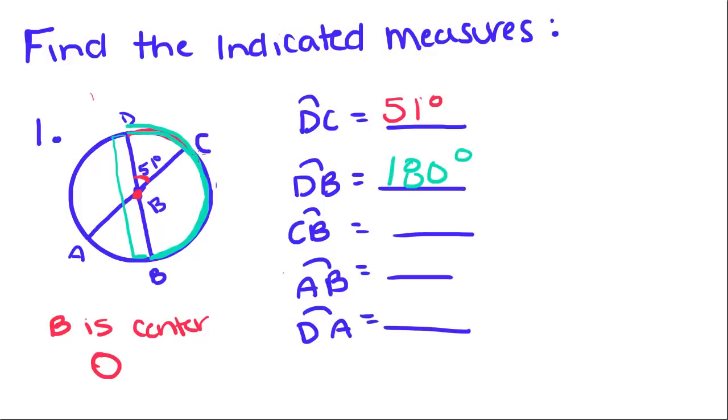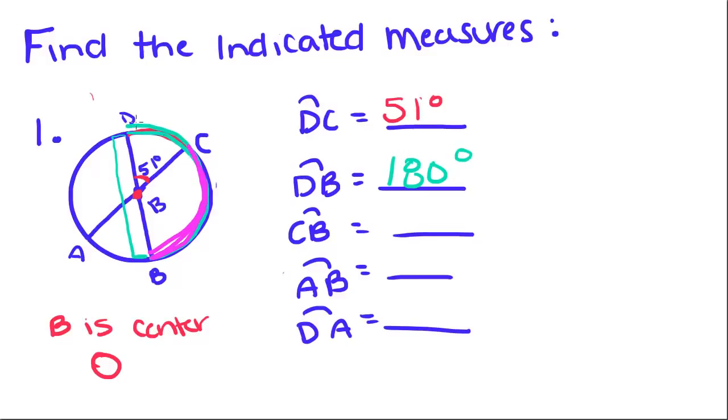Now they want me to find this part, just this section of the arc CB. Well, if you remember those rules we had about segments, where you could add the parts to find the total or subtract one of the parts to find the other part, we can do the same thing here.